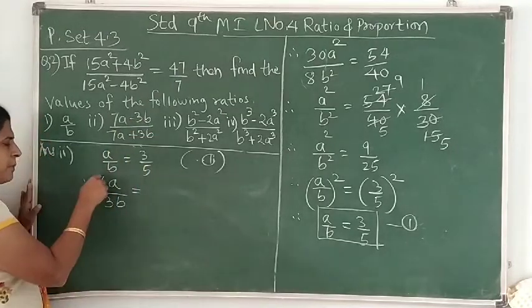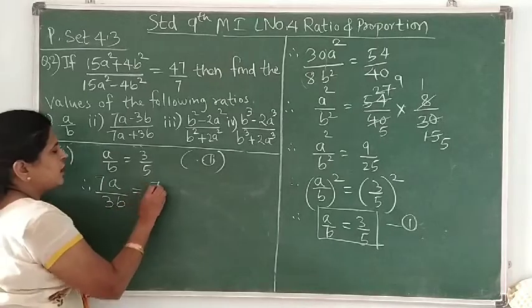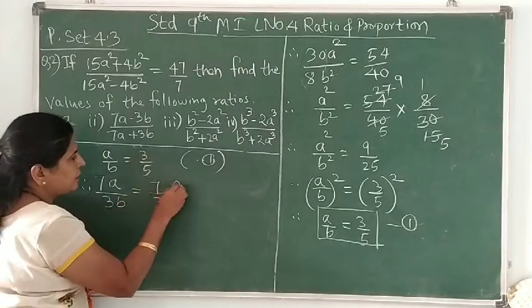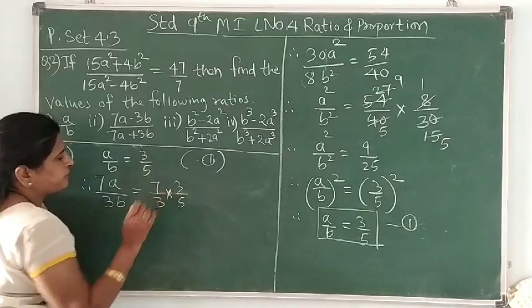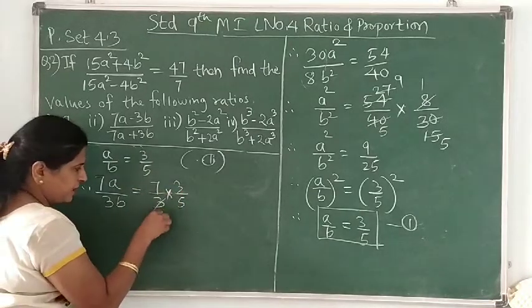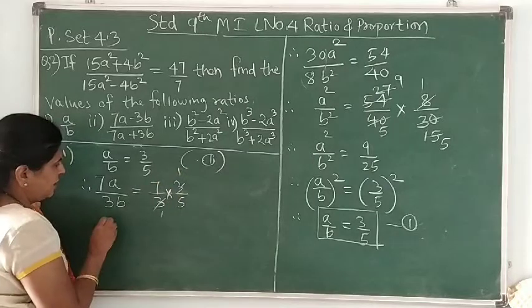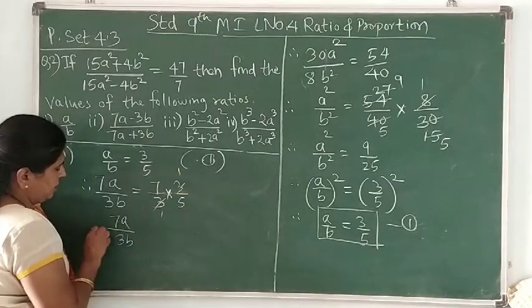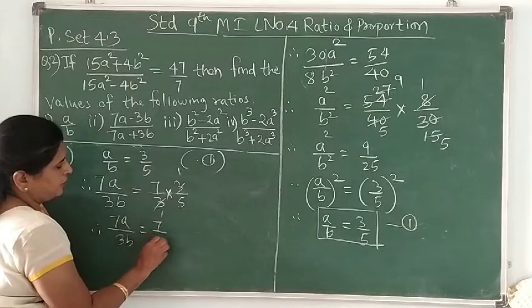So the LHS is multiplied by 7 upon 3. So on the right side also let's multiply by 7 upon 3, and here it is 3 upon 5. Okay. Now simplify: 3 ones are 3, and you will get 7a upon 3b is equal to 7 upon 5.